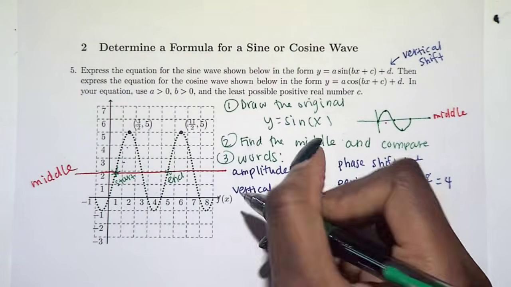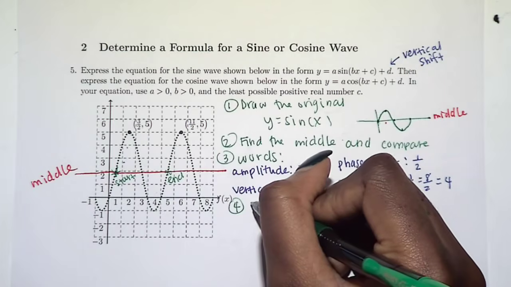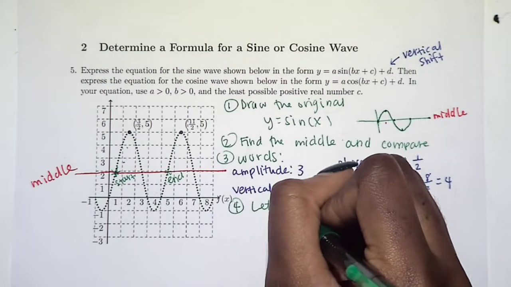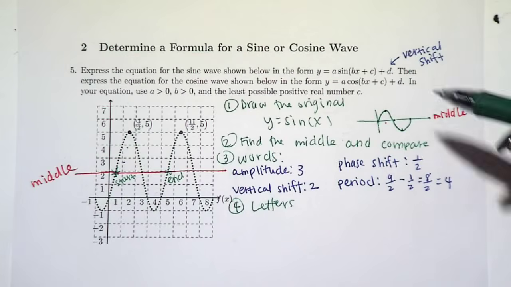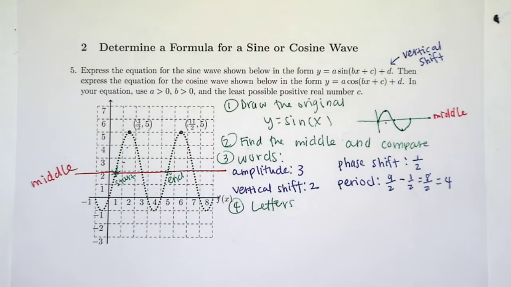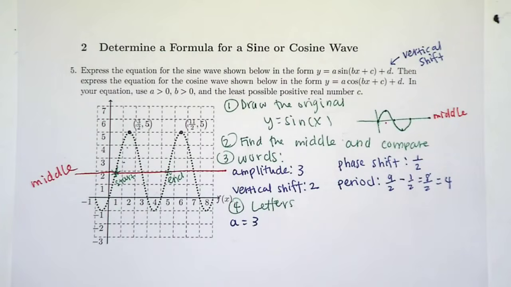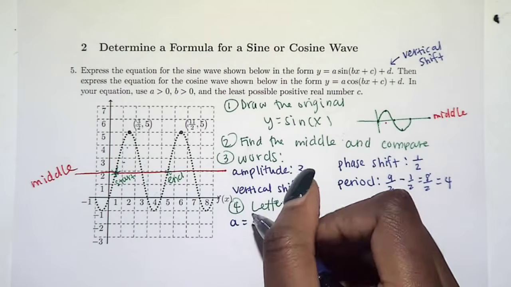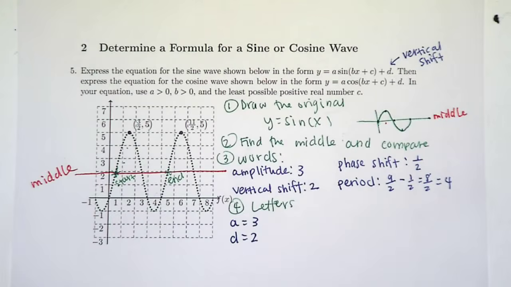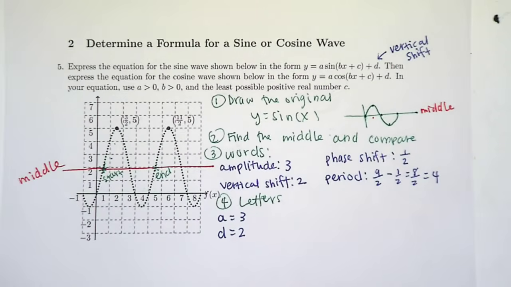All right, so once we find the words, step 4 is to find the letters. So these are our A, B, C, and D, and some of them match up perfectly. For example, our amplitude, that's going to be exactly what A is. Also our vertical shift, we've shifted up 2 units, so D is going to be 2. All right, things get a little trickier with the period and phase shift because we have formulas for those.